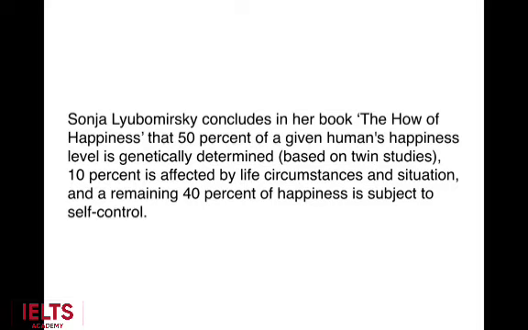So what's Sonia Lyubomirsky saying? Well, she's written this book, and it's saying that 50% of happiness is genetic, and 10% is life circumstances, and 40% self-control. So she's given these different percentages of what makes happiness.